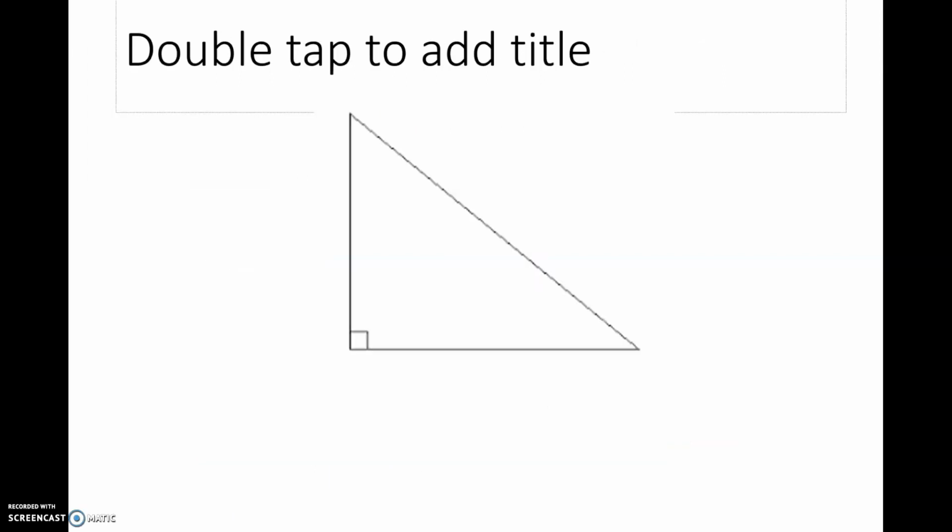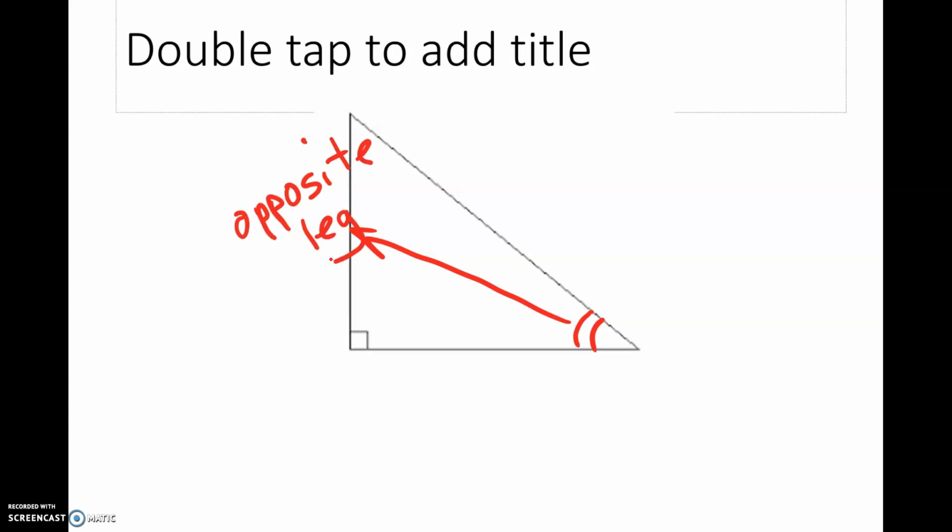Alright, let's take a look at this right triangle here. If we're looking at this angle, remember we're looking at the acute angles one at a time. And remember, opposite means across from, so this would be the opposite leg, the leg opposite the angle we're looking at. Adjacent is the math word for right next to, so the leg that is right next to the angle we're looking at is this one right here.